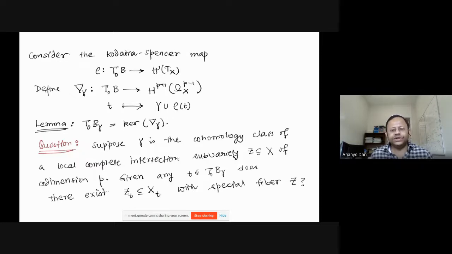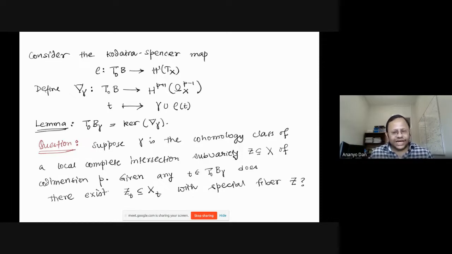In particular, if you do not have any geometric obstruction, you will also not have any topological obstruction. So if your local complete intersection subvariety deforms, so does the Hodge class, the cohomology class of this local complete intersection subvariety. Now we want to ask the other direction.